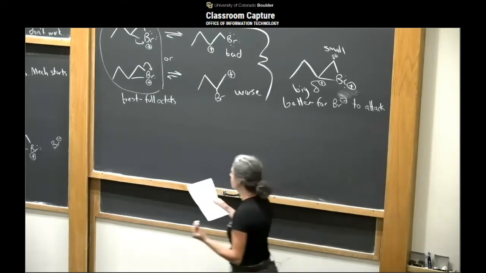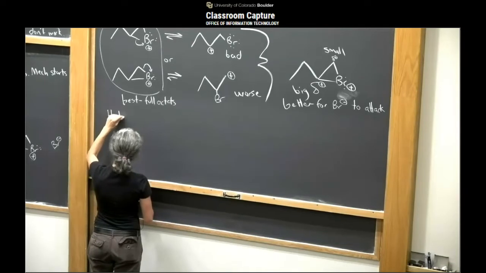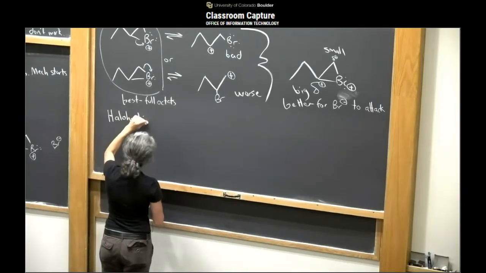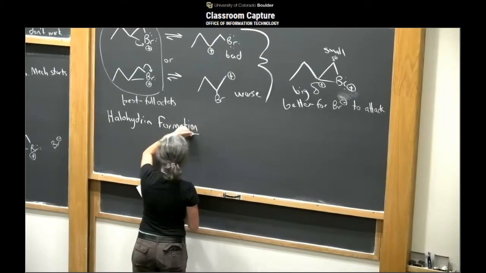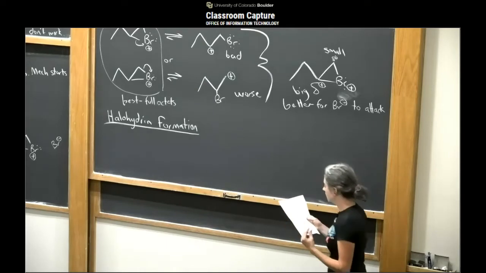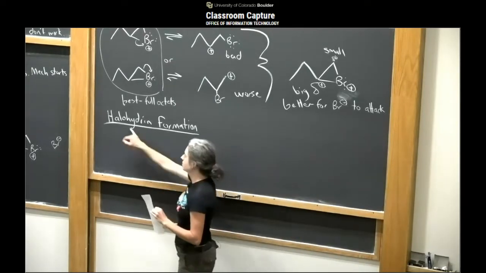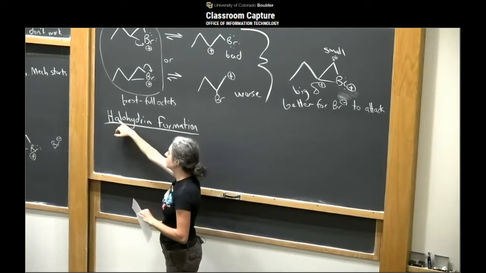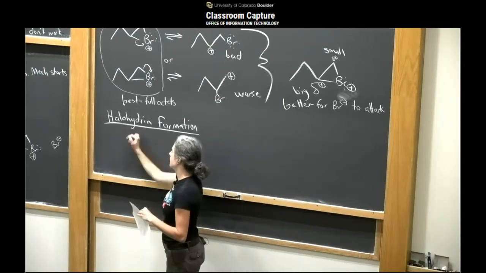Alrighty, so what we're going to look at next is halohydrin formation. Okay, so again, the name should help you sort of remember what's going on here. We got a halogen and we got something to do with water. So halohydrin formation.